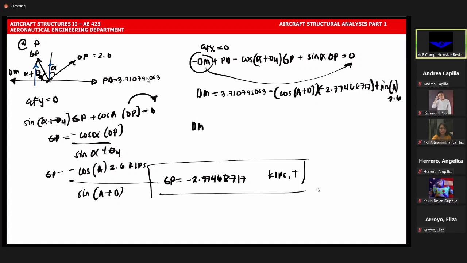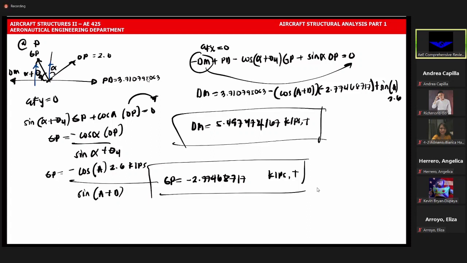So DM is equal to 5.497474,167 kips tension. Okay, wala ba tayong na-miss calculate or what?